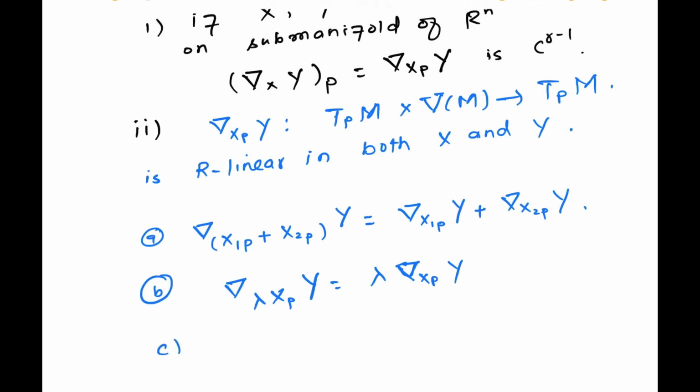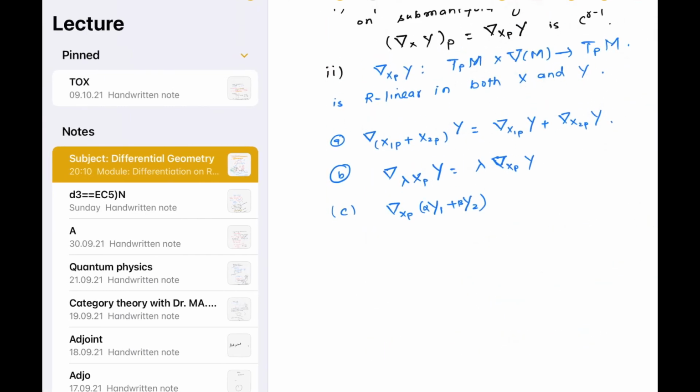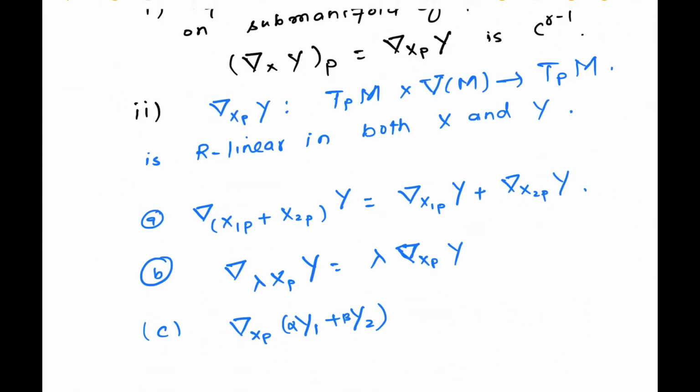And also del xp (alpha y1 plus beta y2), where alpha and beta are real numbers, similarly lambda is a real number, will become alpha del xp y1 plus beta del xp y2.